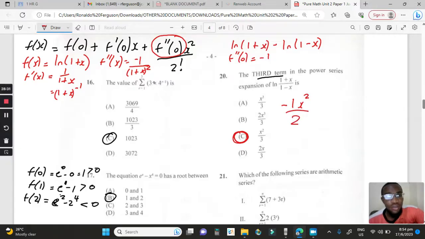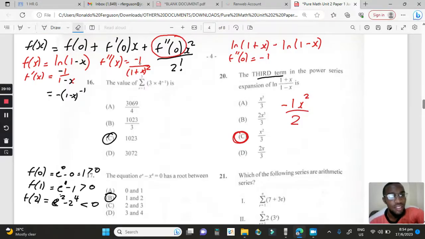And now we have to work out the other side. Now, this is when we're dealing with the ln 1 minus x. So I'll just change this to 1 minus x. Then the first derivative, differentiate ln, that would become minus 1 over 1 minus x. And then we'd have to differentiate this again. So this is negative in bracket 1 minus x to the minus 1.